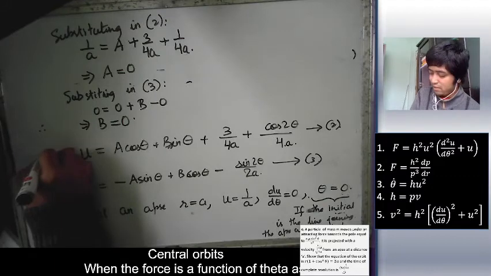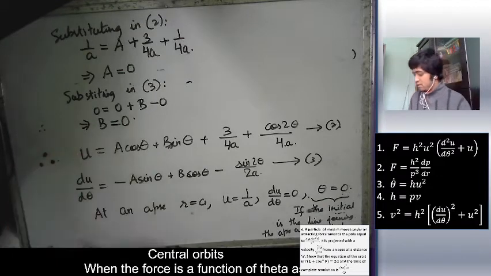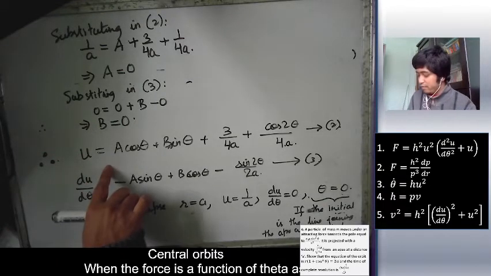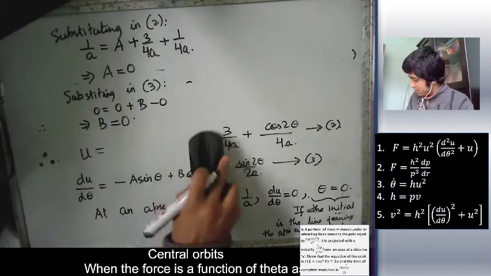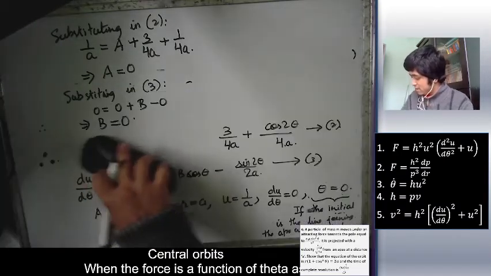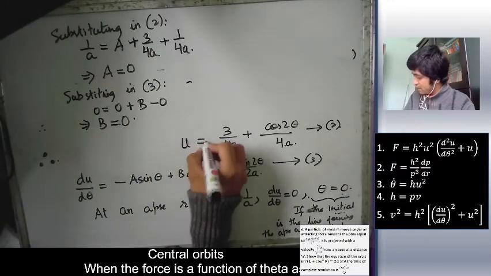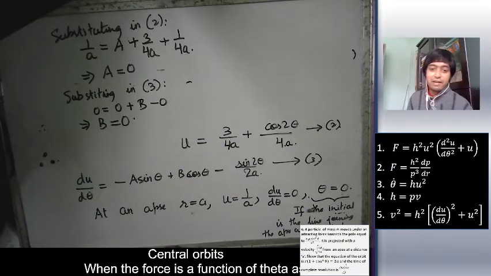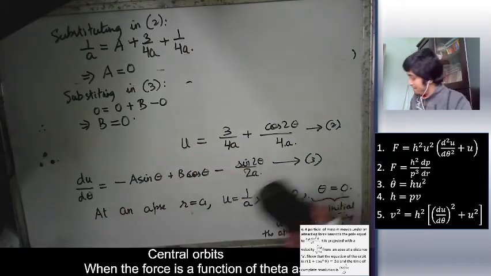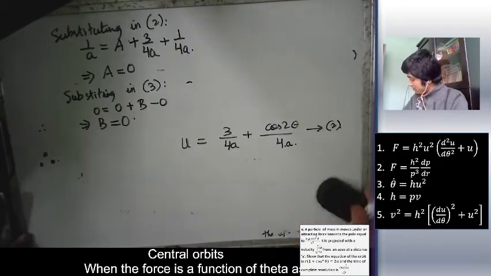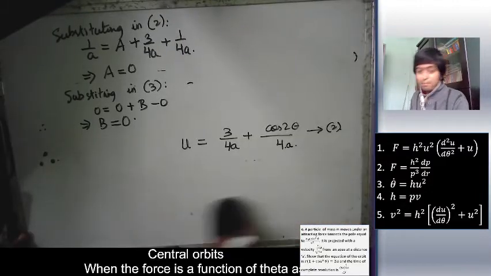So u will no longer be a cos theta, since a and b are both 0. So u will be this. Ultimately the solution becomes like this. A and b have become 0. So this is the path of the particle.